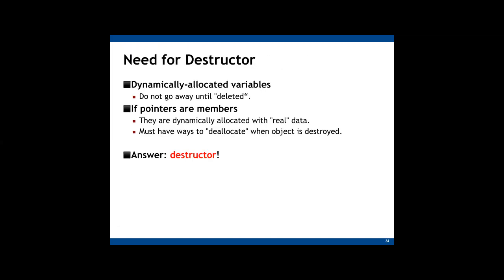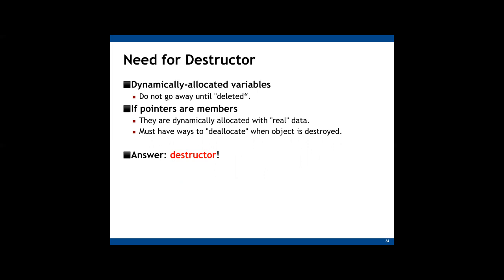Okay, so far we learned constructors where the object is initialized. Note that if we dynamically allocate memory, it will not be freed until we deallocate it. So if there are pointers in member variables in your class, we must deallocate them when we finish using the objects. So how can we do that?